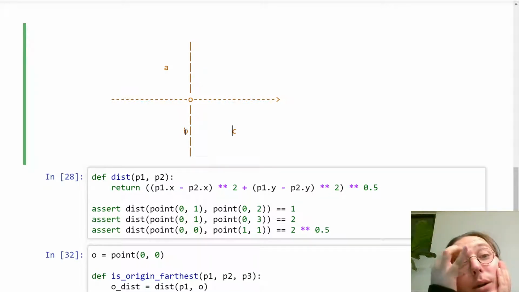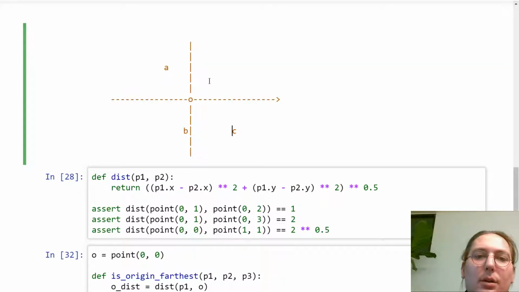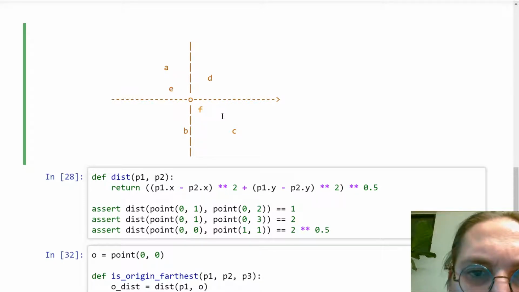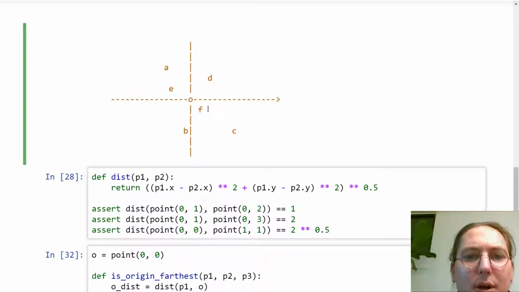Okay, let me just draw a different triangle, DEF. So if we accept that either of them, it should be outside, right?